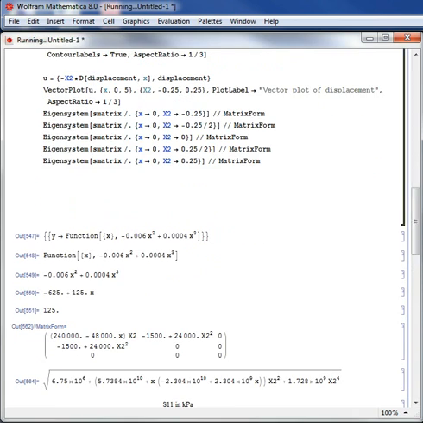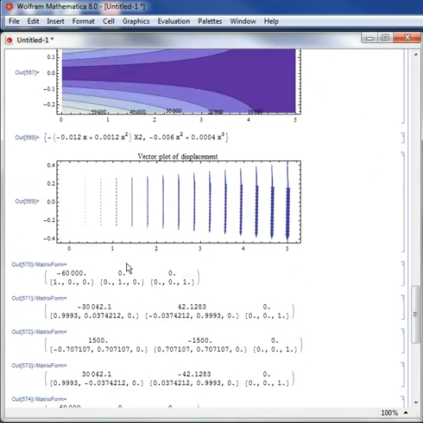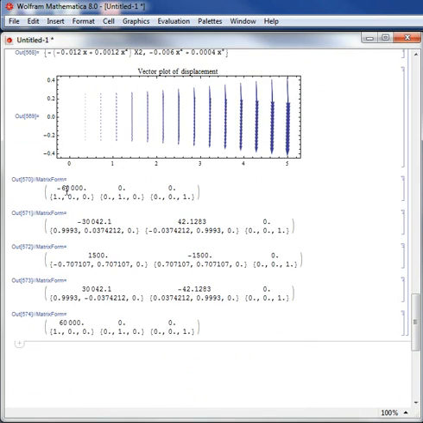Shift enter, and you get all the values, principal stresses, and the directions at each location. And here are your directions, and you can draw the direction vectors on your beam. If you look at the solution in your textbook, you will see a sketch of these eigenvalues and eigenvectors on the beam.